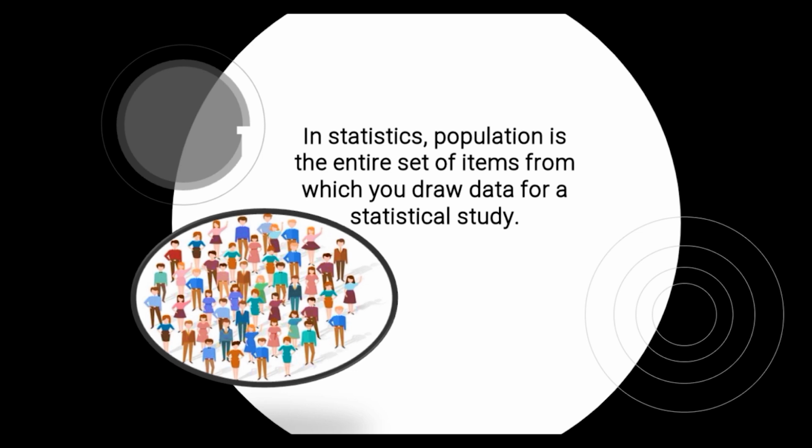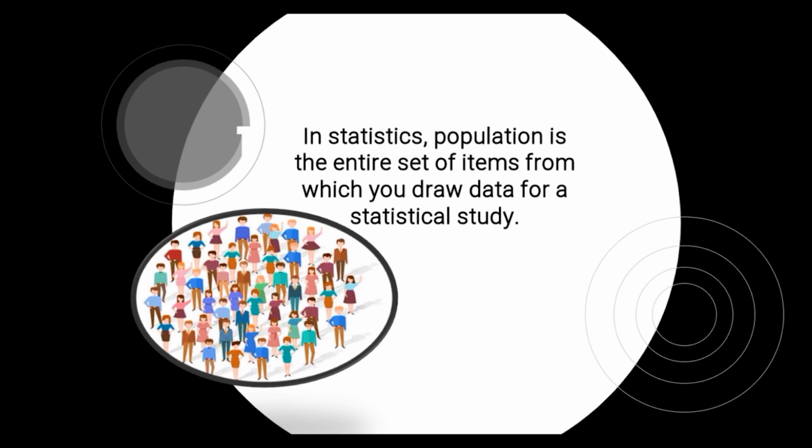Generally, population refers to the people who live in a particular area at a specific time. But in statistics, population refers to data on your study of interest. It can be a group of individuals, objects, events, organizations, etc. You use population to draw conclusions.